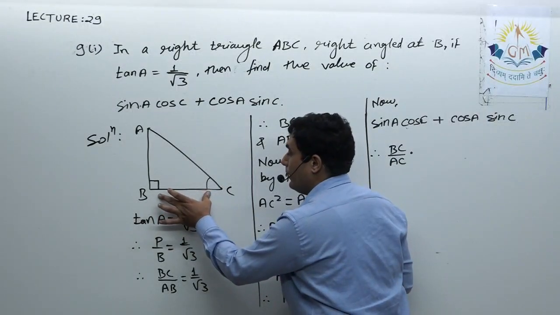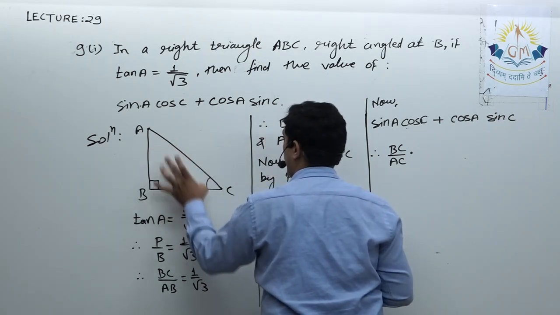So base is BC over here, hypotenuse is AC. So BC upon AC.